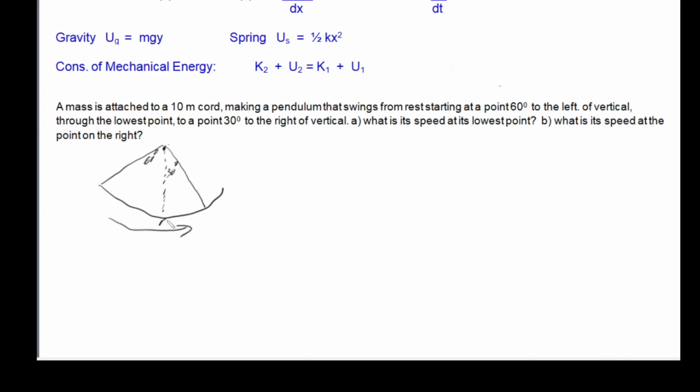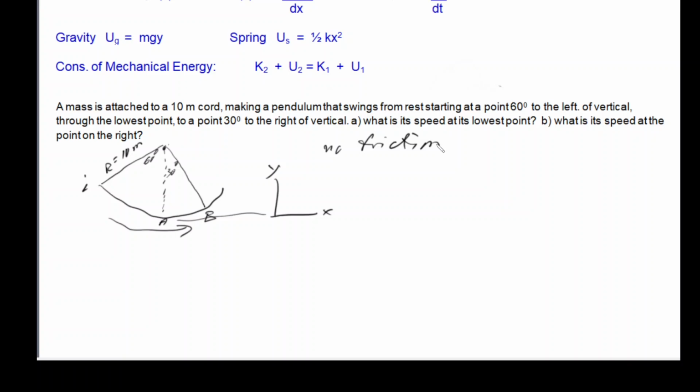We'll call these point A and point B, and we'll call this the initial point. We have to have a reference frame, and we'll call the bottommost point x equals 0. This is the length of the cord, radius R equal to 10 meters. And we're assuming there's no friction because we're ignoring air friction.